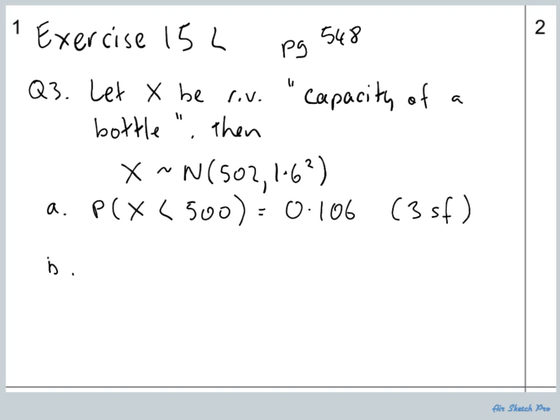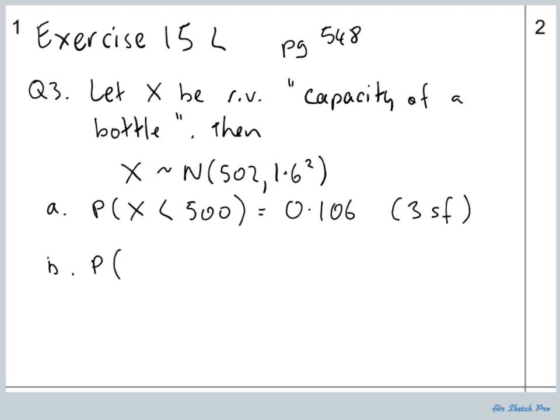So it will be effectively the equivalent of the probability, because if you had a sample of 100, then you would expect that number of bottles to be between 500 and 505. So the proportional probability is the same thing.